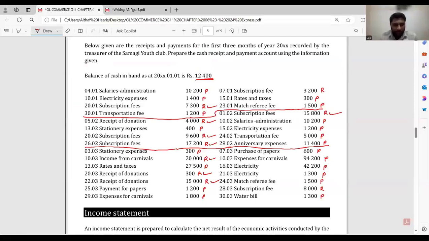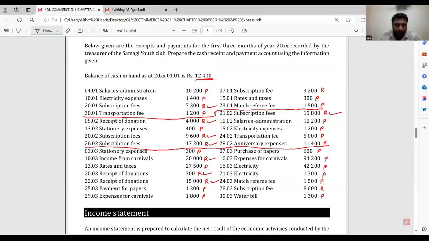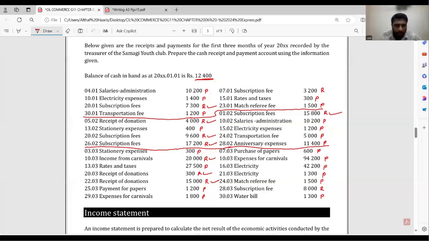Now let's move to March. Okay. Income from Carnival, 20,000. Donation 300.